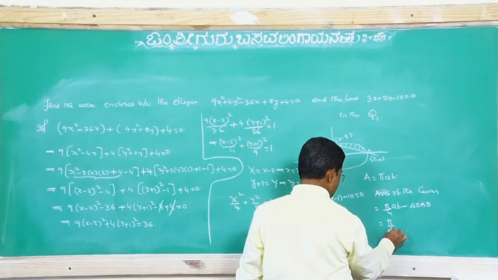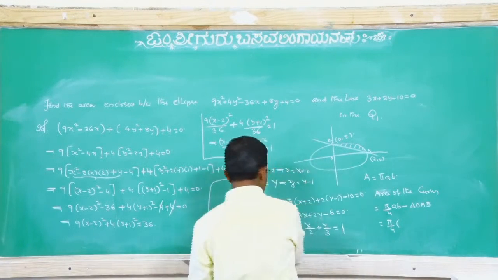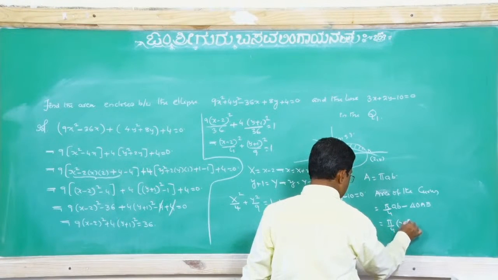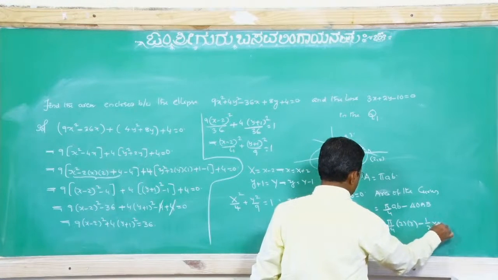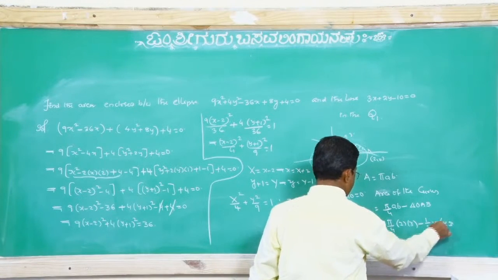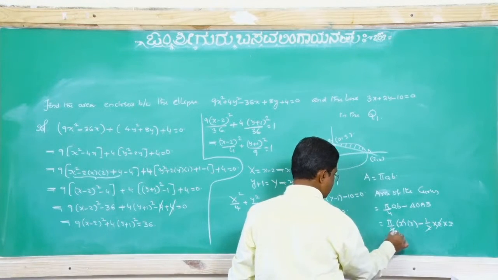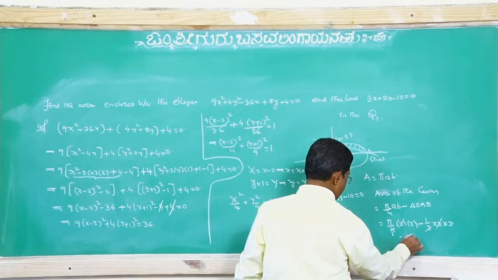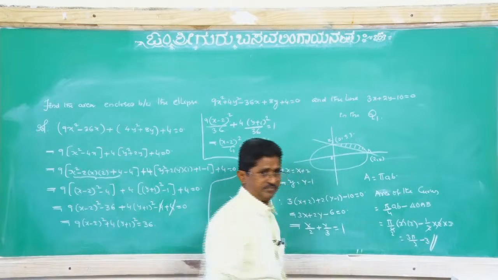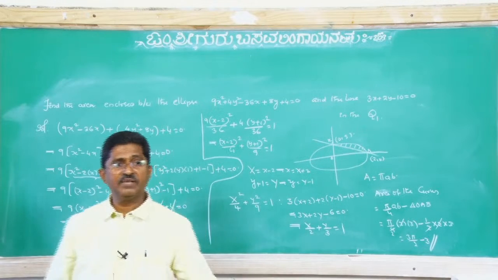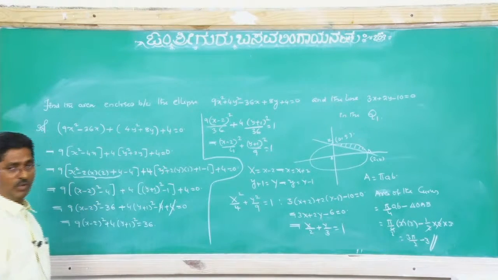Pi by 4, substituting a = 2 and b = 3, minus half into base 2, height equal to 3 units. 2 gets cancelled. That implies 3 pi by 2 minus 3 square units. Right? Once again an explained problem, but a good problem.